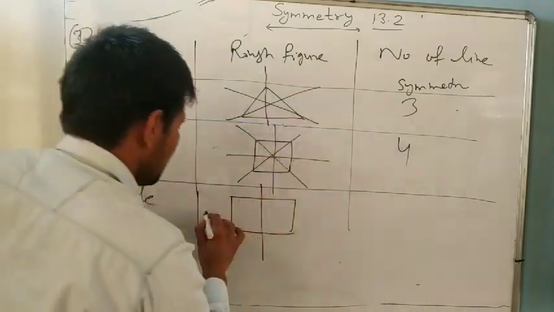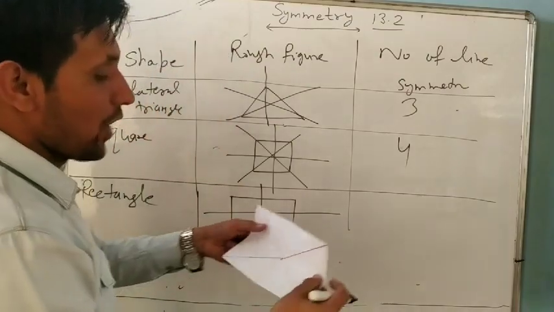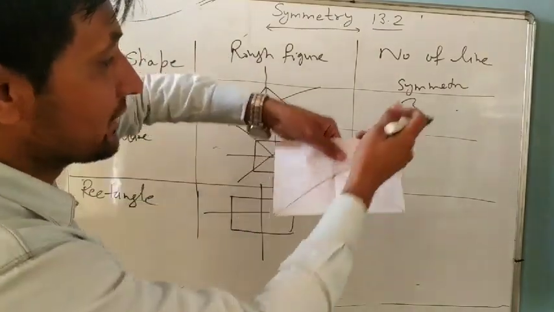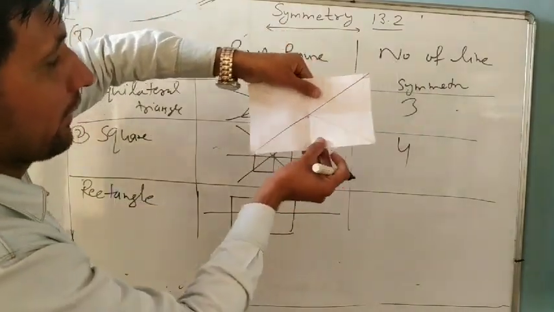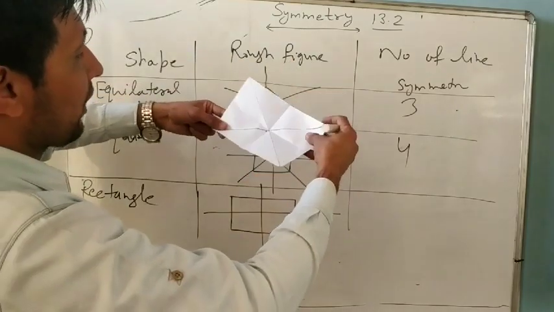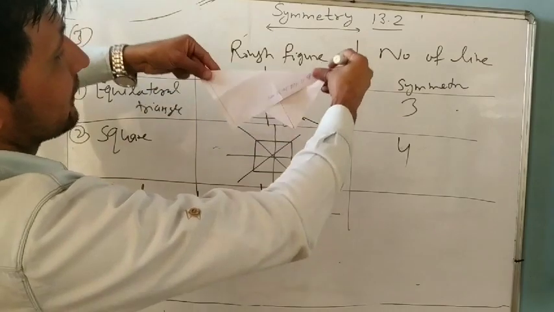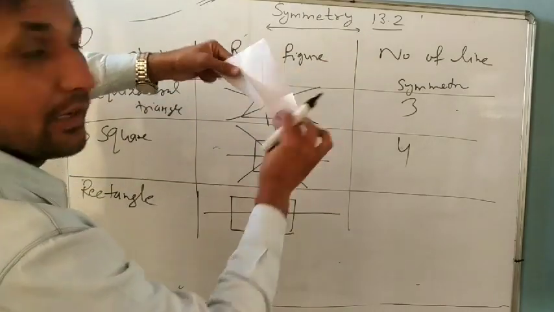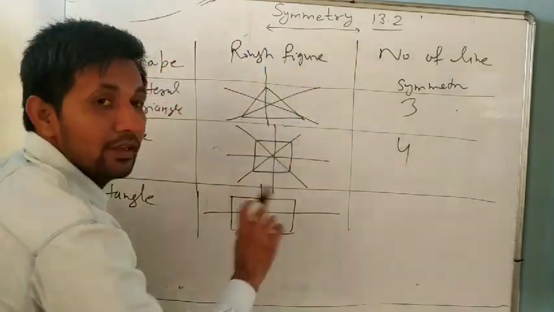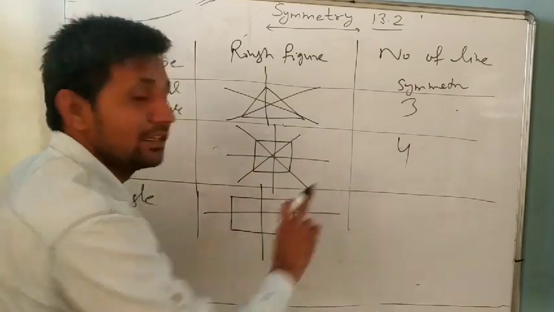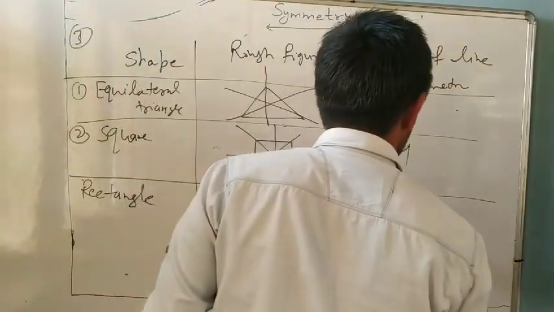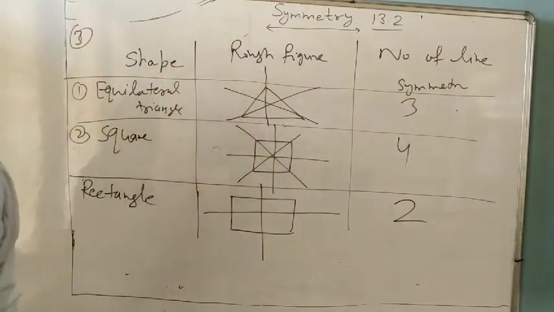Now we will check diagonally. When we fold along the diagonal, can the halves cover each other completely? No. So in a rectangle, the diagonal is not a line of symmetry. So how many? Only 2.